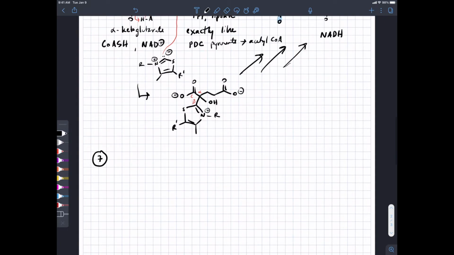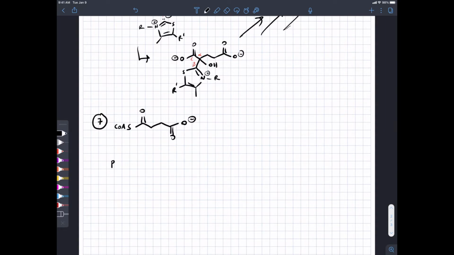So we'll begin with acetyl-CoA, and here's our 4-carbon acid. And we're going to take phosphate and have that add as a nucleophile, doing a nucleophilic acyl substitution.